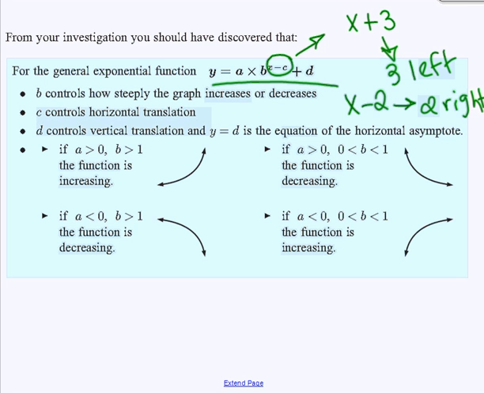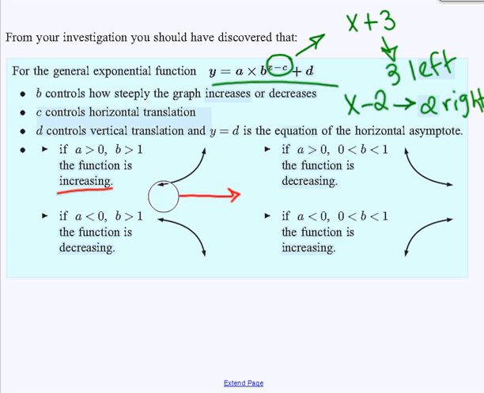Okay, this part is where we're talking about a and b together. The idea of increasing, by the way, means that as we go from left to right, our graph is going upwards.